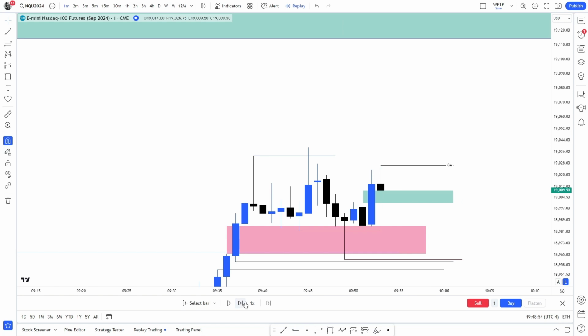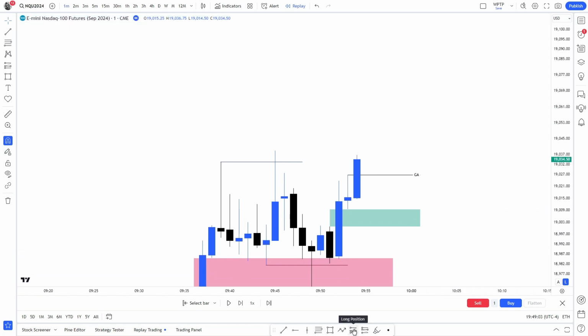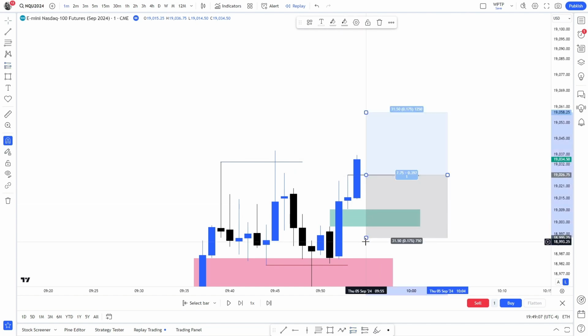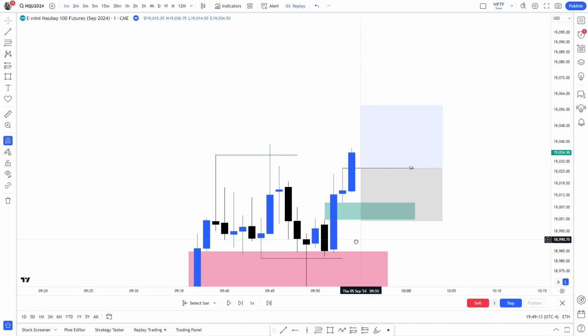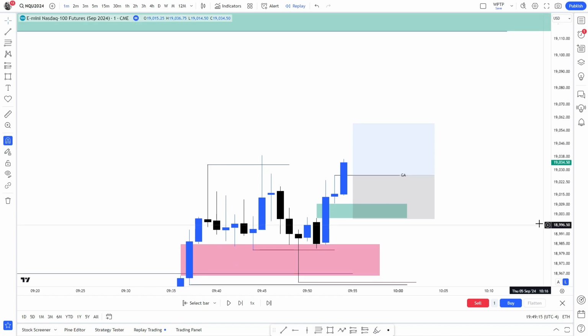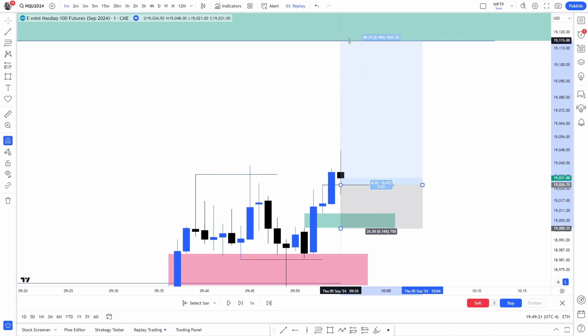So let's just play it forward a candle here, and then we see this breakaway gap, boom, this one here. So we see that is the point where you would set your long position here on this candle's high. Stop loss goes below here, at least a little tick below it, and then we will watch for our entry. TP is set here.